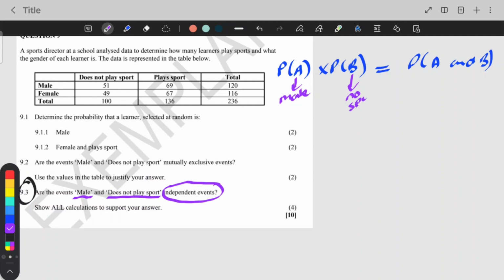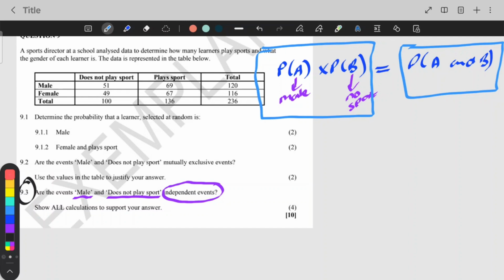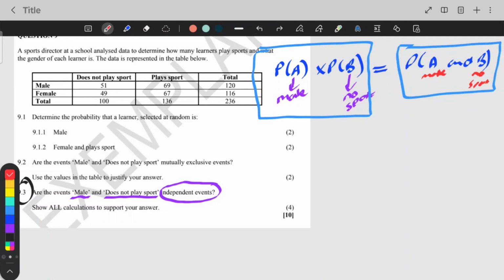We have to check that the left-hand side is the same as the right-hand side, which is male and no sports. Didn't we work out this right-hand side in the previous question? The answer was 0.22. Do you remember? We worked that out.